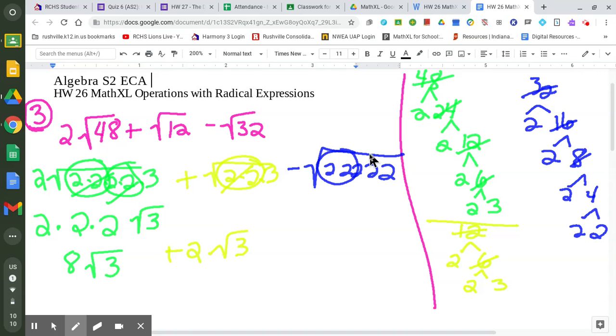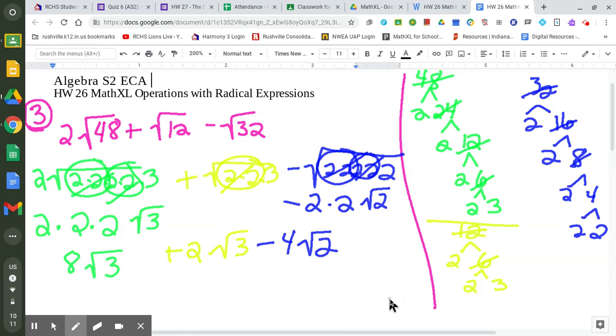Circle a pair, circle another pair. So I have 2 2's that come out because there's one circle, 2 circles. Square root of 2. So now this is negative 2 times 2 gives me negative 4 square root of 2.